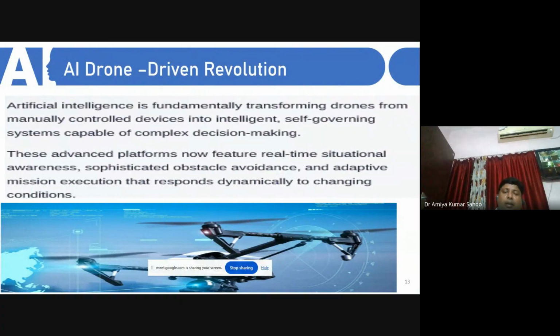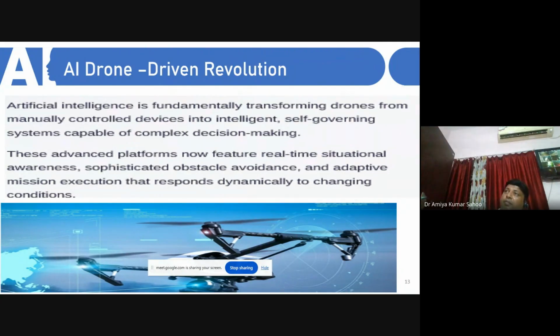This is the AI-driven drone revolution, fundamentally transforming drones from manually controlled devices into intelligent, self-governing systems capable of complex decision making. This is the summary. How is it made?